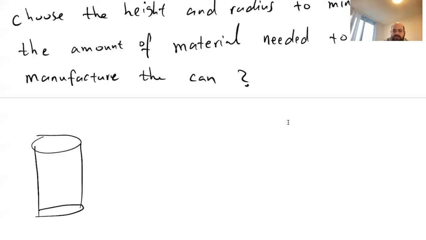So the volume is fixed. That's how they want to sell it, in cans of half a liter or a quarter of a liter, for example. But of course, they want to minimize the material they use.